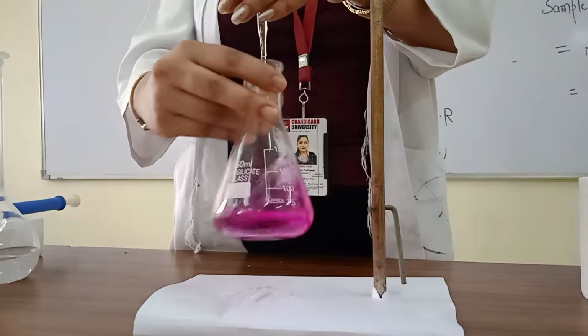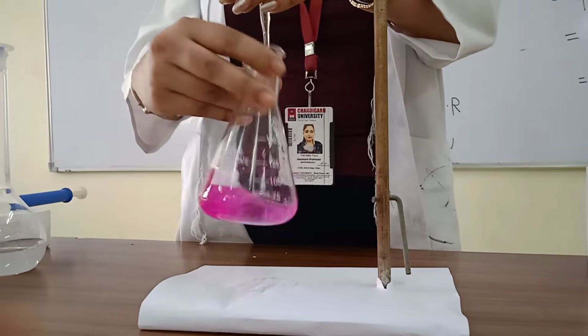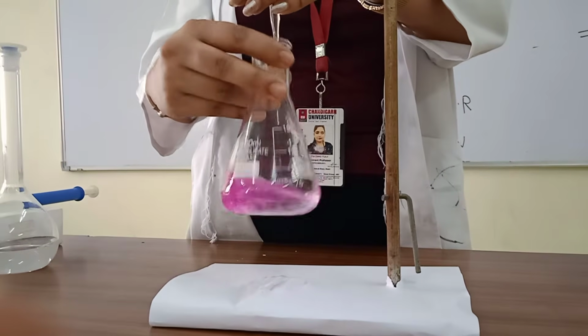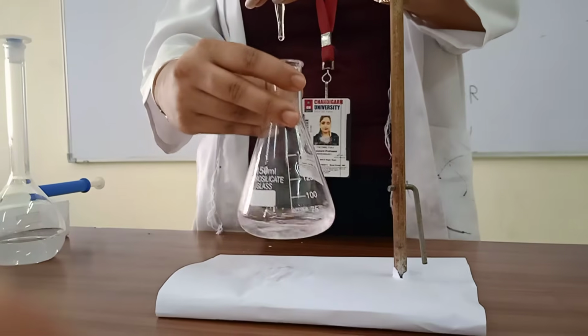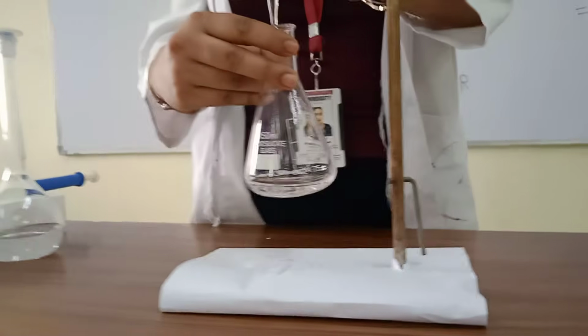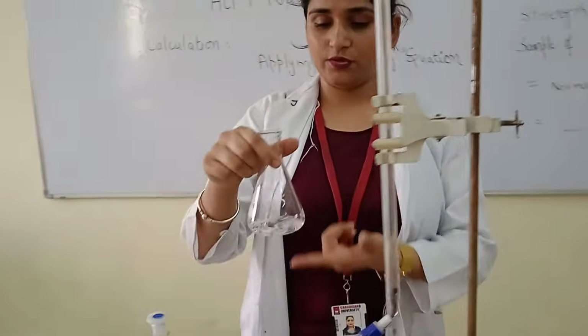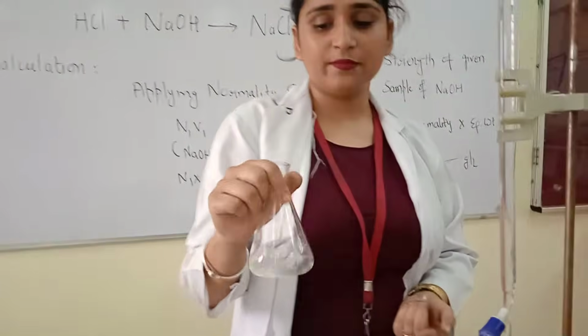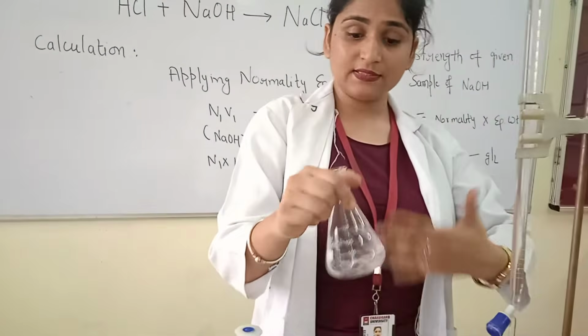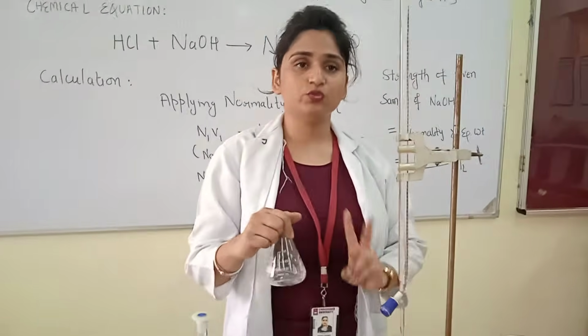The endpoint is when the reaction has been completed, and the equivalence point is when both reactants have reacted in equivalent amounts. Now you can see the sharp endpoint has been reached, but you cannot rely on this endpoint. Sometimes the color just reappears, so you have to wait for 2 minutes.